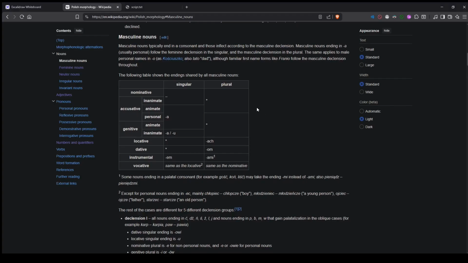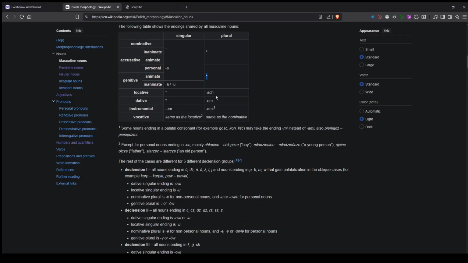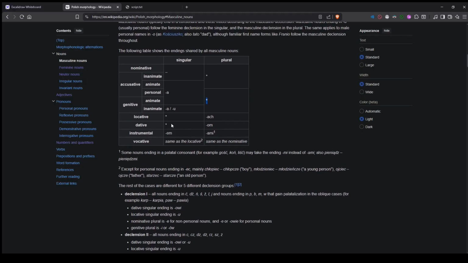I showed you this in the previous video. When we look at masculine nouns, in the genitive case, it was the plural that is pretty tough. And there is an asterisk here because we have to look at 5 different groups. So in the dative case, the plural will be simple, but the singular is the tough one, okay?